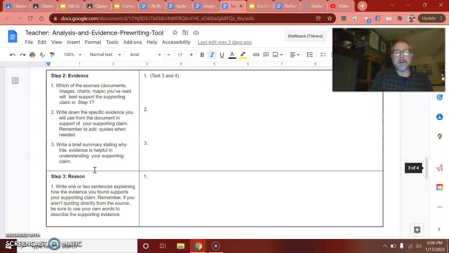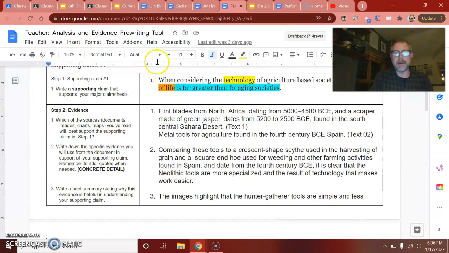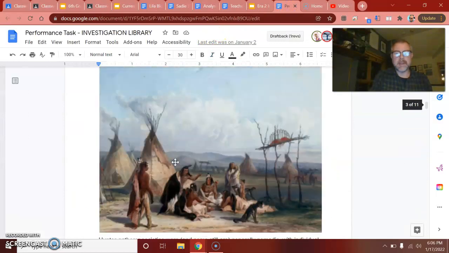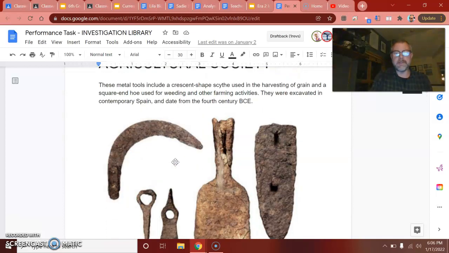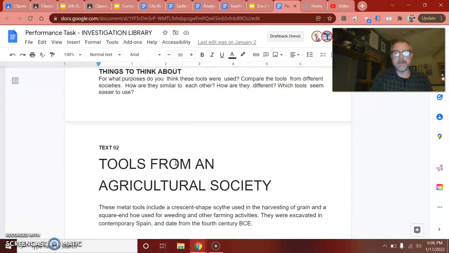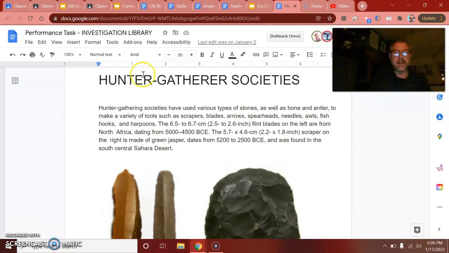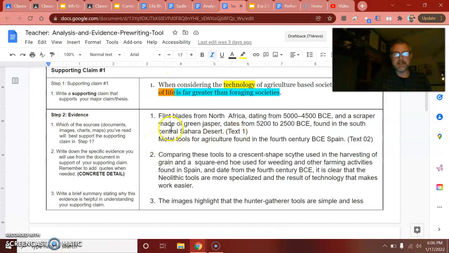Now, I know some of our sources were comparing, say, two images like these stone tools and these metal tools. These are from an agricultural society and these are from a hunter-gatherer society, Neolithic and Paleolithic.